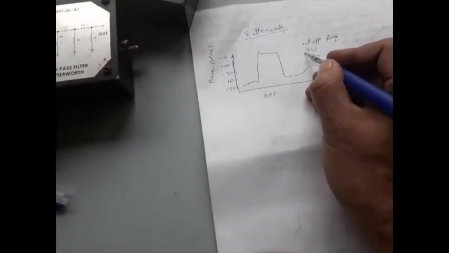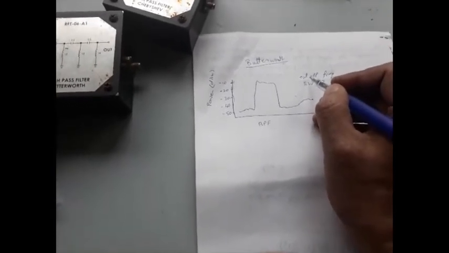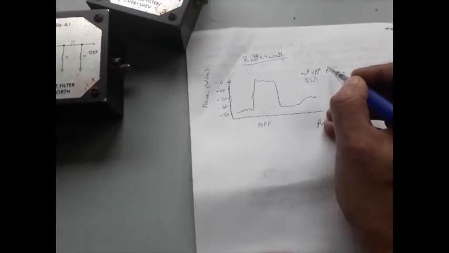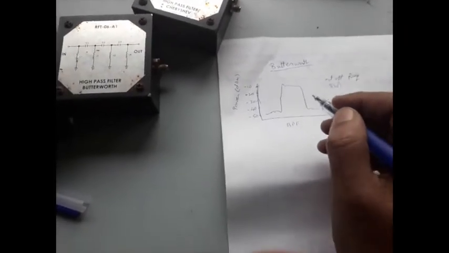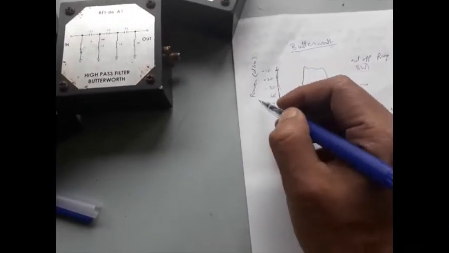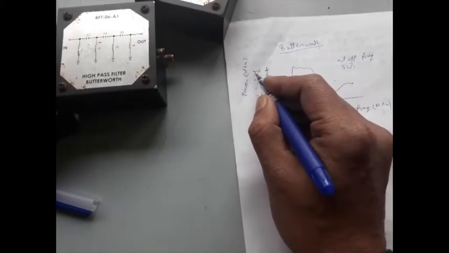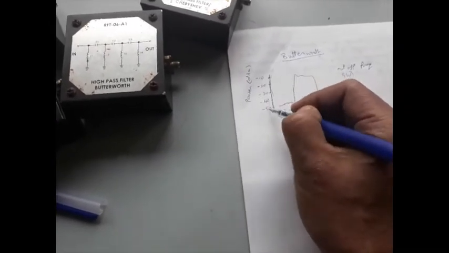Okay, so bandwidth is only for the band pass filter. For low pass filter and high pass filter, cutoff frequency determination is sufficient. So first of all, I will tell you how to determine the cutoff frequency, right? Also, one thing you must note that minus 10 dBm is higher power than minus 20 dBm. So your y-axis will be scaled in this way.